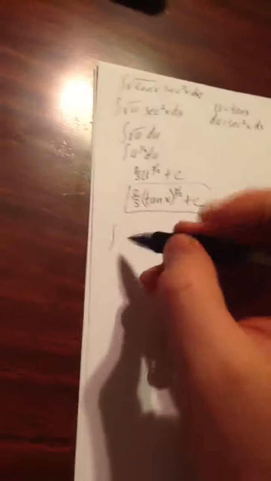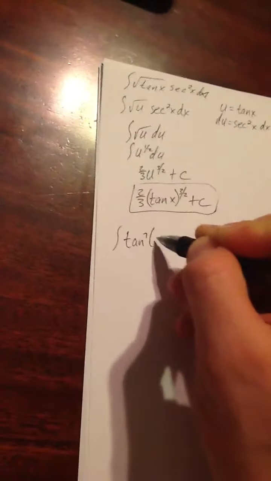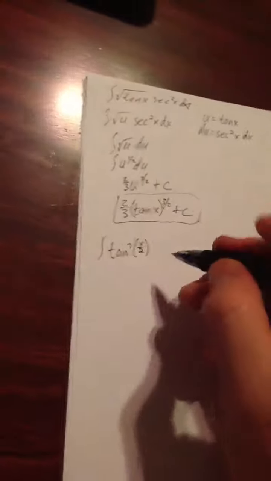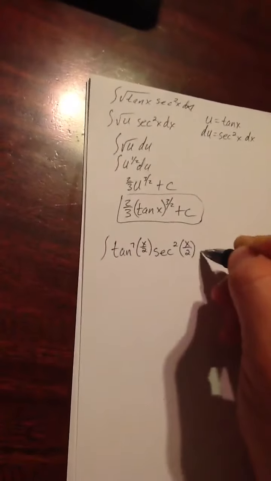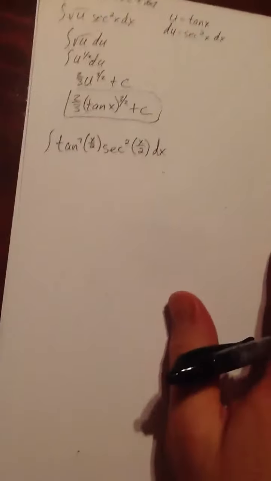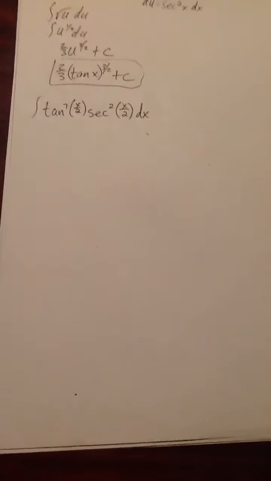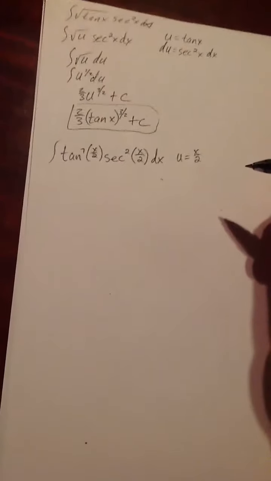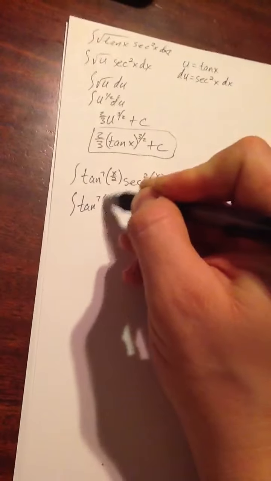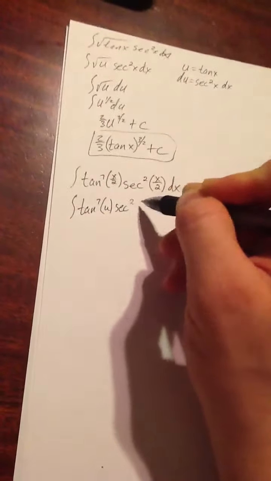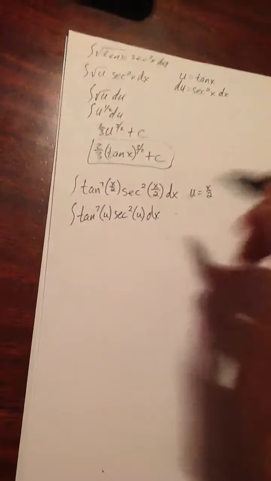One that I was trying though that was hard was like this. Looking at that, first thing I thought was to try and let u equal x over 2. When you do that, you have tangent to the 7th of u, secant squared of u dx.